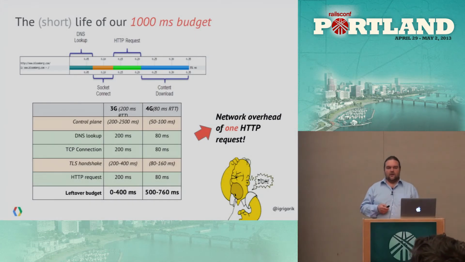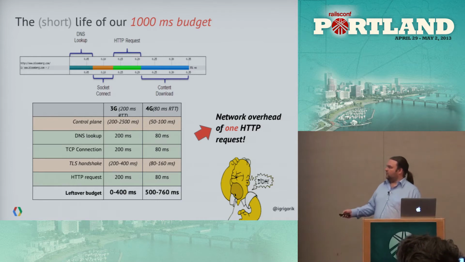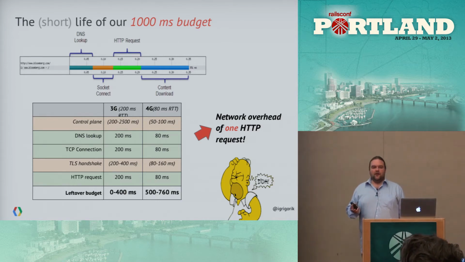Because you see here and here, after the whole network is finished, we just have like 400 milliseconds to generate our web application. And we actually have to reduce that number by about 100 or 150 milliseconds.